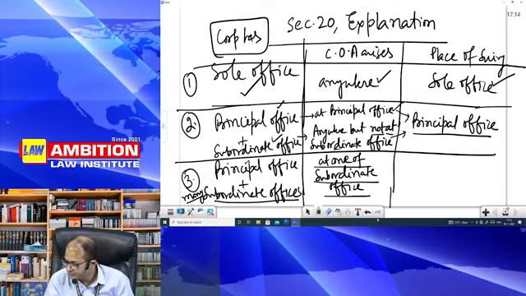Section 22, read with 23, enables the defendant to apply for transfer of suit.